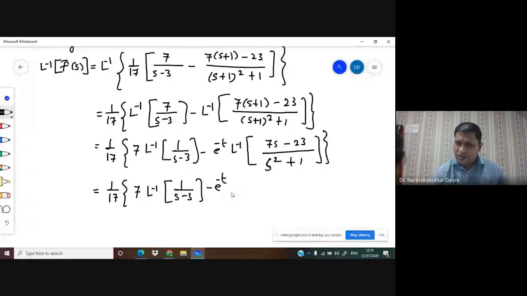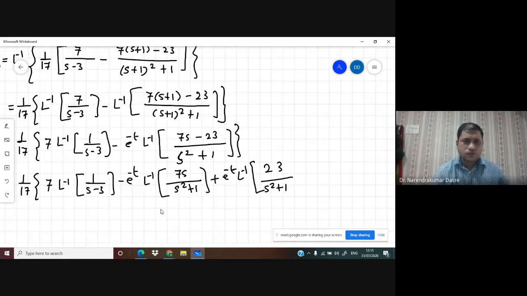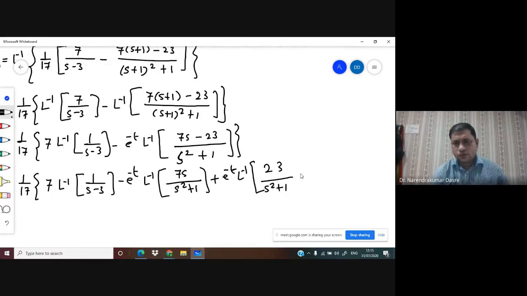So e raised to minus t is common for both, so the Laplace inverse of 7s upon s square plus 1 plus e raised to minus t times the Laplace inverse of 23 upon s square plus 1]. That's what you'll be having.